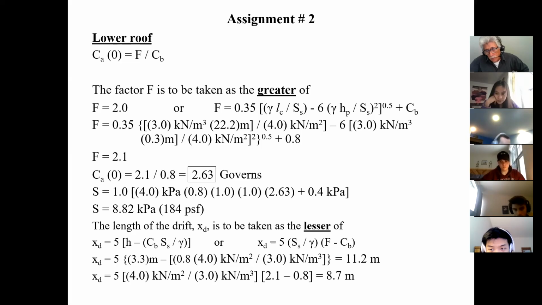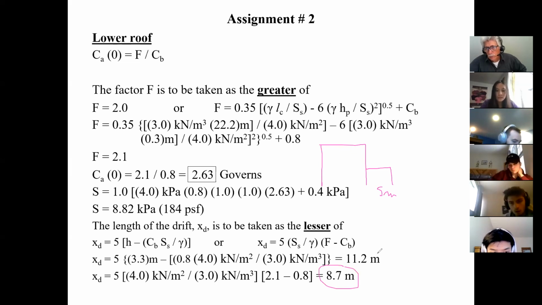Guys, keep in mind, I want to make sure you understand this. For example, if I had an upper roof here and a lower roof here of 5 meters, what would I do then? If it drifts over 8.7 meters, what would I do then? Does anybody have any idea?